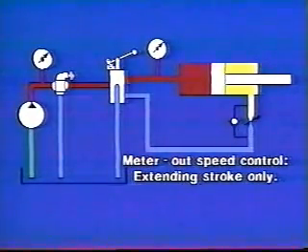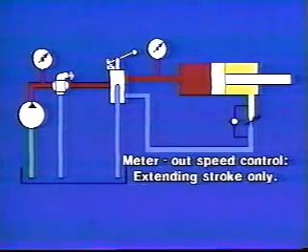Now, if we were to close the flow control completely, the oil could not exhaust from the cylinder and its piston couldn't move. By regulating the size of the opening, we can control the flow rate and thus the speed of the piston. If this happened to be a 2-to-1 ratio cylinder and we were controlling the flow rate out to the tune of, say, 3 gallons per minute, then the flow rate into the other side would be 6 gallons per minute.